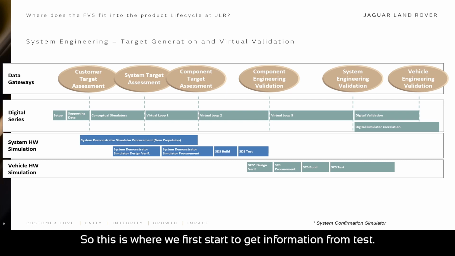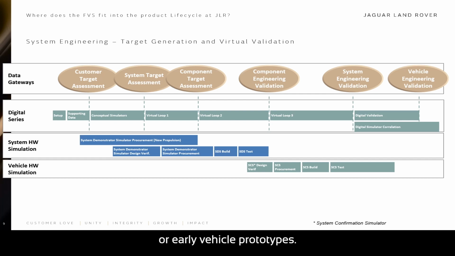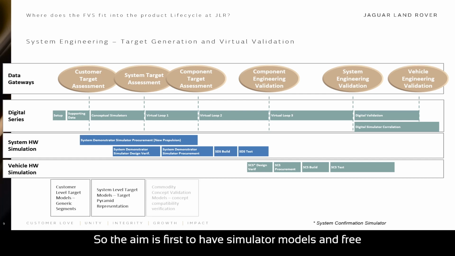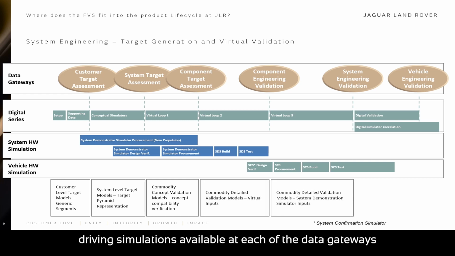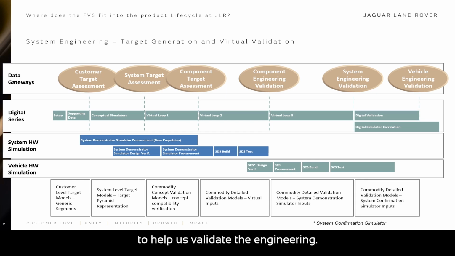This is where we first start to get information from test, whether we're measuring our data from rigs or on actual vehicles or early vehicle prototypes. The aim is for us to have simulator models and free driving simulations available at each of the data gateways to help us validate the engineering.